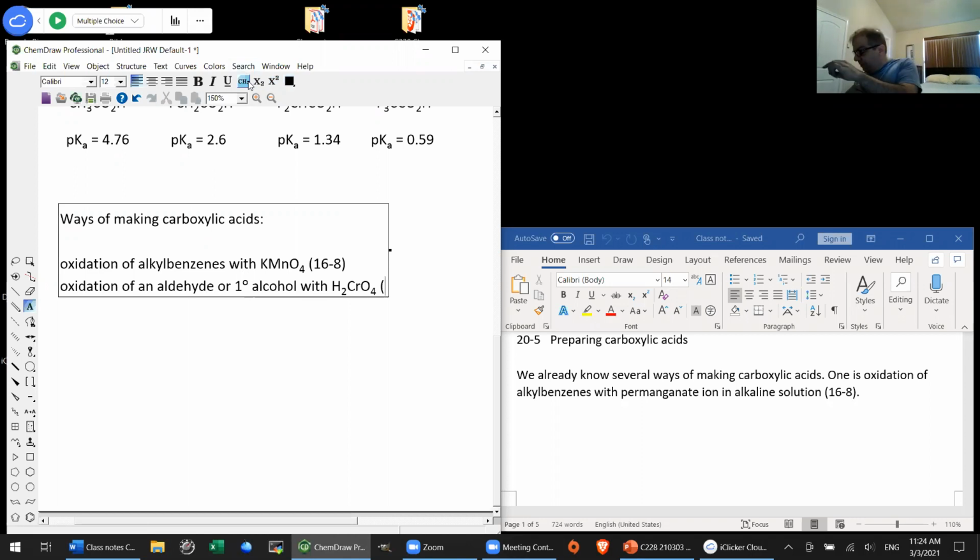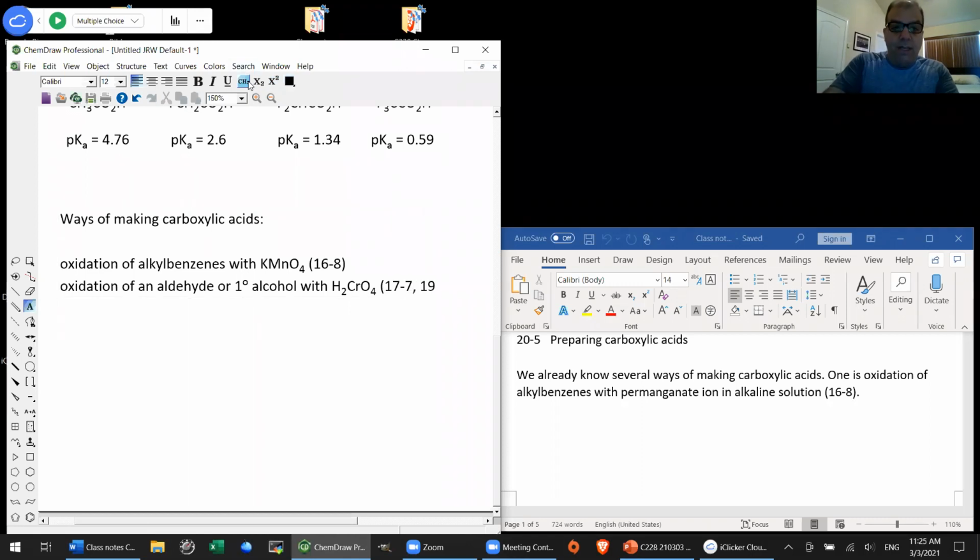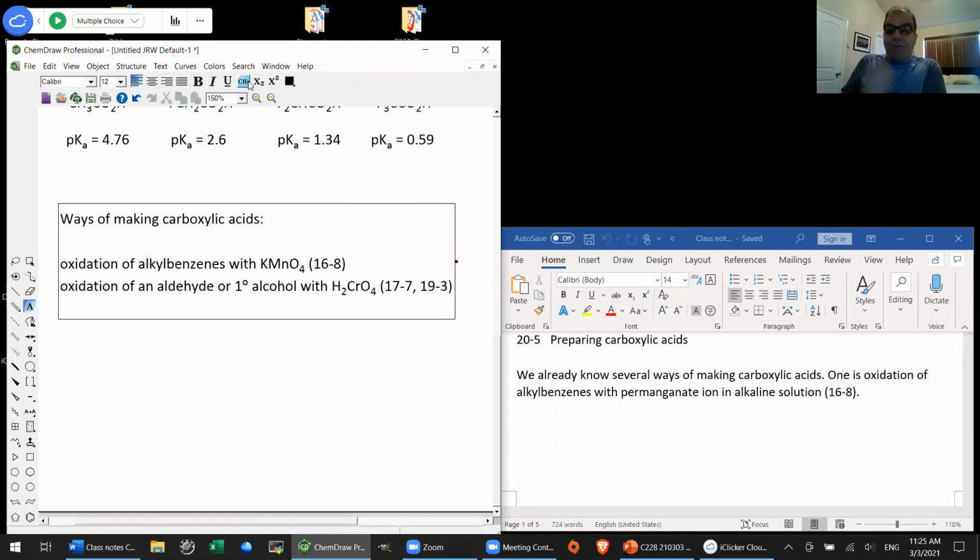That's in chapter 17, specifically 17.7 and 19.3. And I think all of those are in your class notes as well, but we'll maybe get them all down here, at least in words. And then maybe we'll do a couple of examples of these next time, just to remind you of these reactions, because again, at least 3 of these 4 reactions are older.